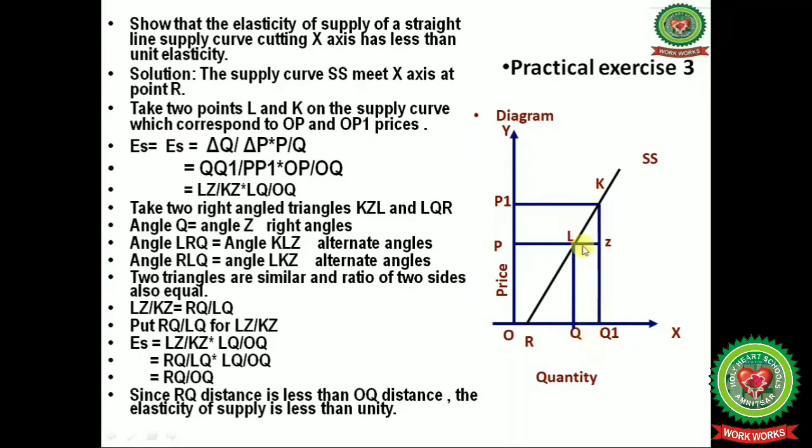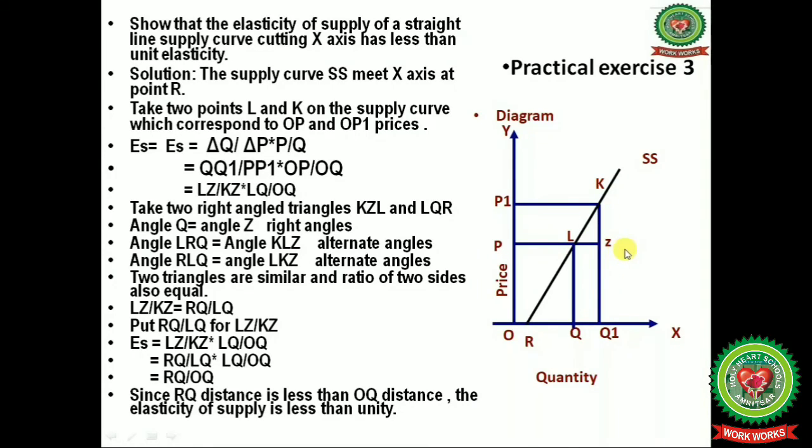Now take two triangles, that is KZL and LQR. Angle Q and angle Z are both equal, that is right angle triangle. Done. Now angle LRQ is equal to angle LKZ. Both are alternate angles.